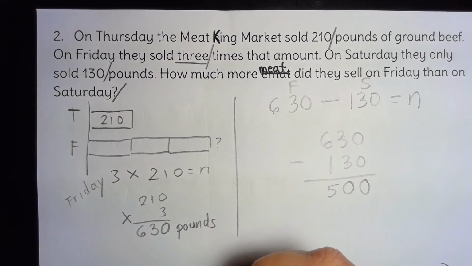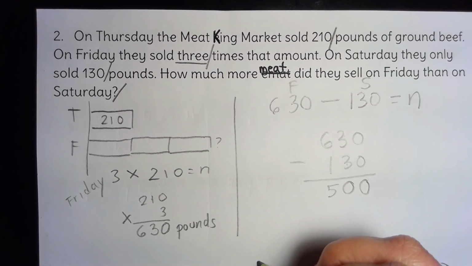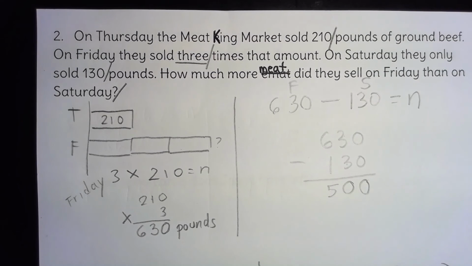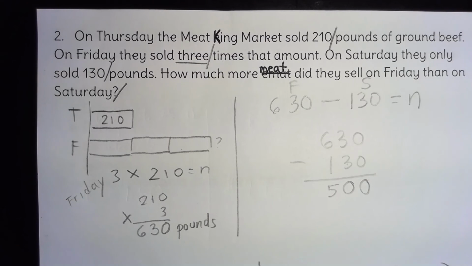Whoa! They sold 500 pounds more meat, or EMAT, on Friday than on Saturday. Wow, it looks like Friday is quite a day for the Meat King market. It is quite an EMAT day.